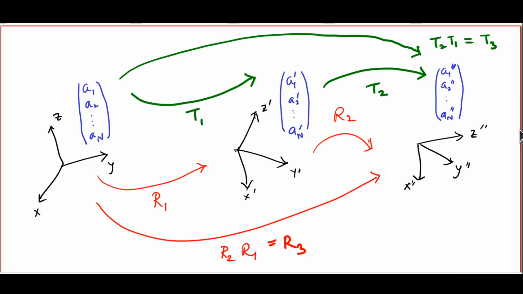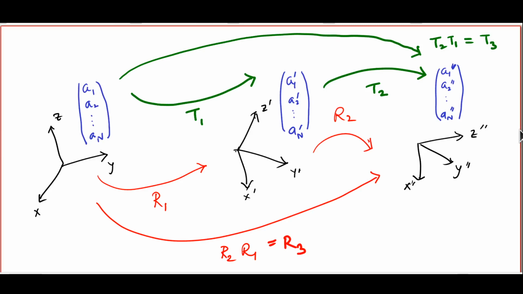In other words, carrying out a single transformation, T3, corresponding to this rotation R3, would give you exactly the same result as carrying out these two transformations, T1 and T2, in succession. So T2 T1, which is the composition of the two transformations, T1 done first, then T2 being carried out, has to be the same as T3.